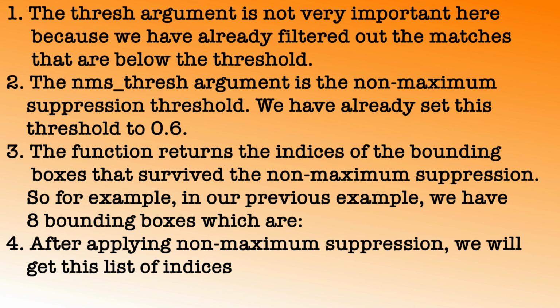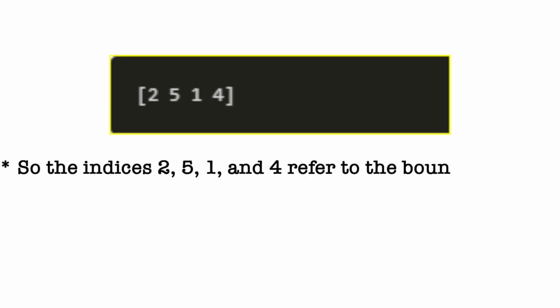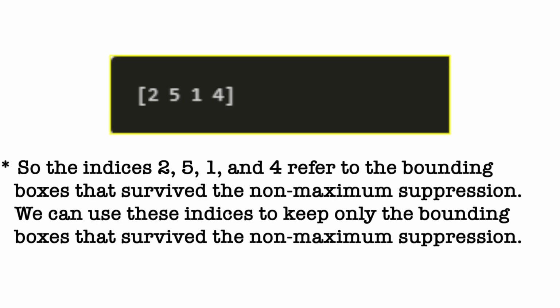So, for example, in our previous example, we had 8 bounding boxes before applying non-maximum suppression. We will get this list of indices. Here the indices are 2, 5, 1, 4.